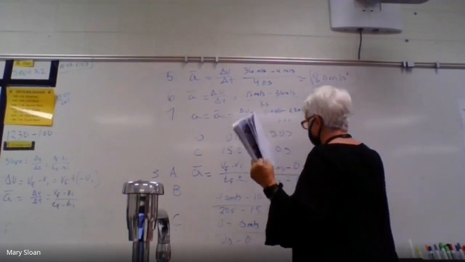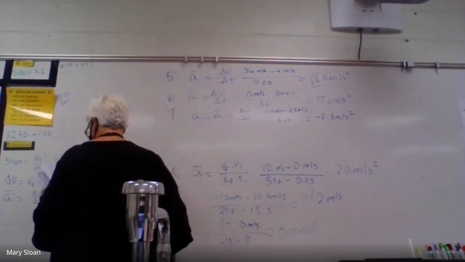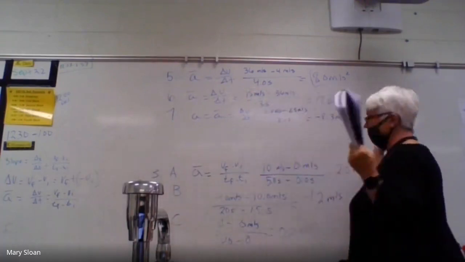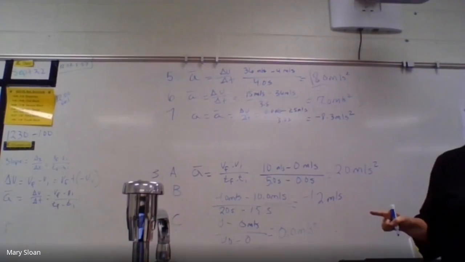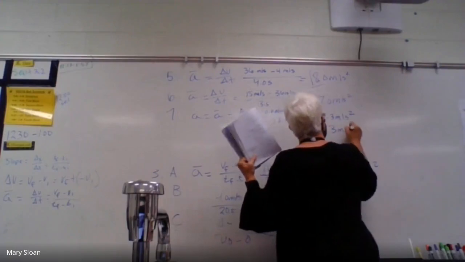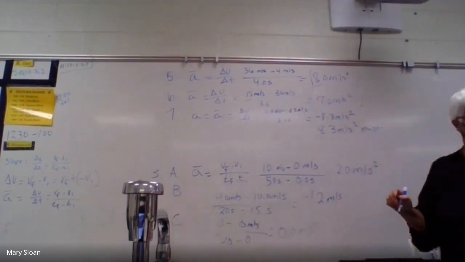But now it's asking me for direction. What direction is he going? He's going west. What's the opposite of west? East. So it's 8.3 meters per second east.